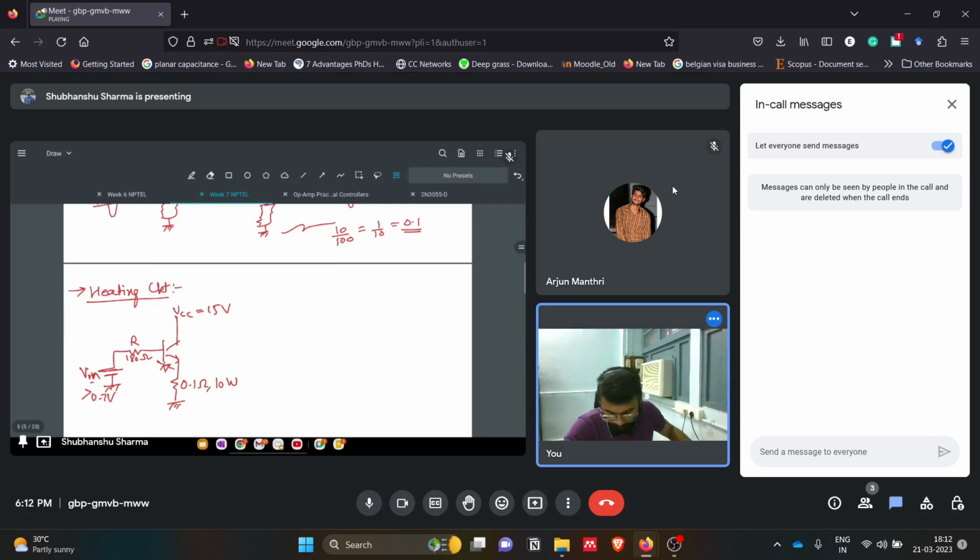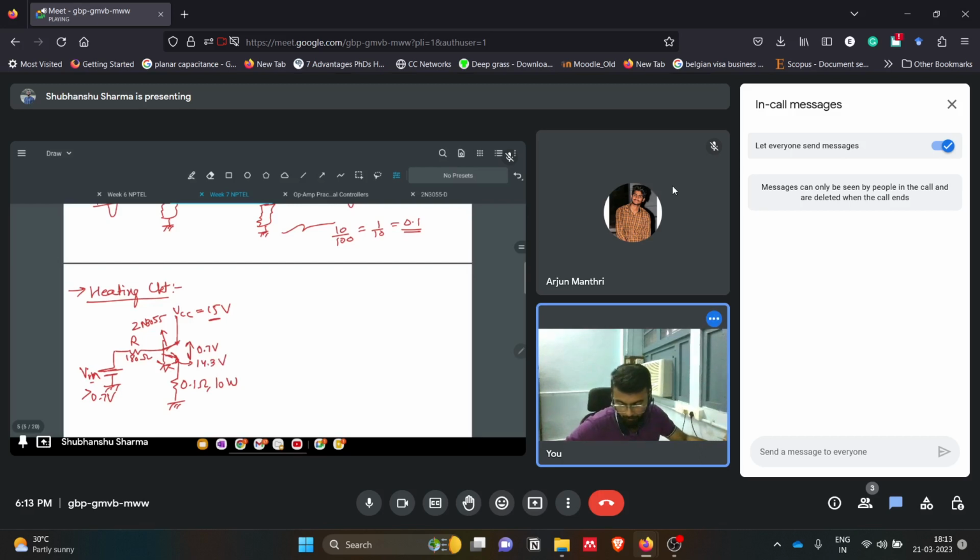Let's say we gave 15 volts here. The drop across this transistor, based on the transistor which we took, 2N3055, based on this transistor's data sheet and ratings, a maximum drop can be 0.7 volts. So we will get 14.3 volts here.